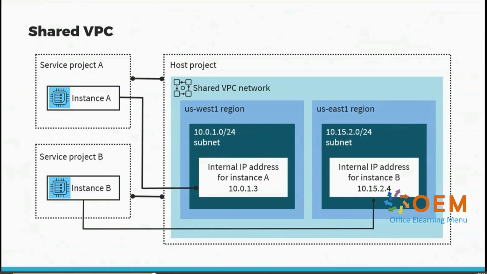And that's why the internal IP addresses for those instances A and B have been specified within the host project. Finally, note that both of these IP addresses are internal. So here we have two different instances in two different projects, which are still communicating with each other using internal IP addresses, and that is because of the shared VPC.